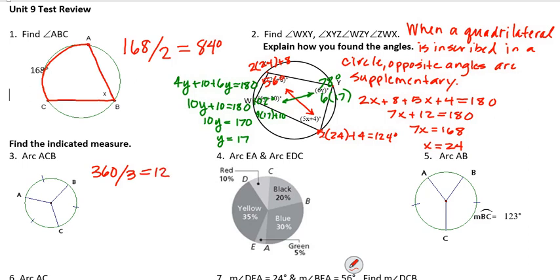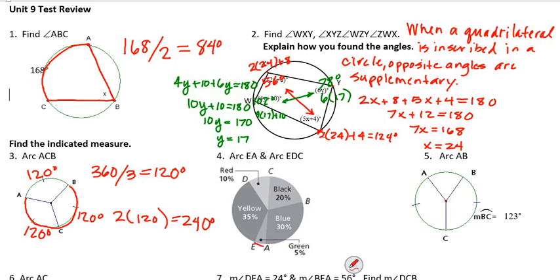That gives me 120 for each of these arcs. This is 120 here, and this is 120 down here. Then we're talking about this out here, so we're going to do either 2 times 120 or 120 plus 120, and that's going to be 240 degrees.